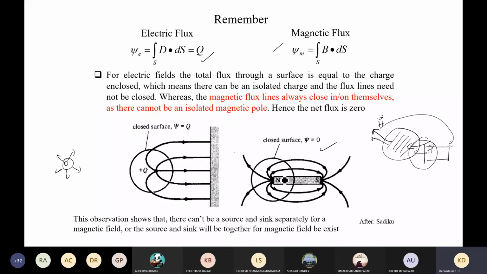So that is why we have north and south poles together all the time, and you can't separate them. Always, magnetic charges are dipole in nature, and electric charges are monopole in nature. So you can't get a magnetic monopole, it is almost impossible.